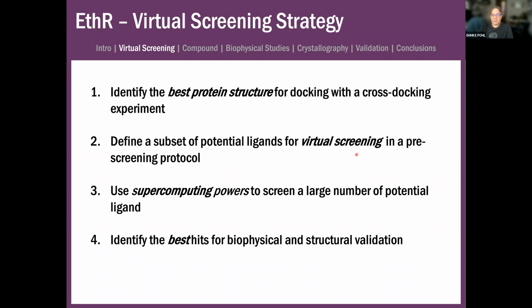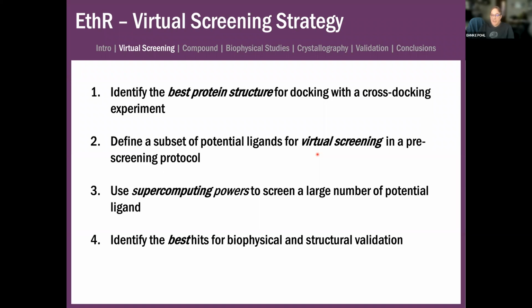The second thing that we needed to do was to define a subset of potential ligands for our virtual screening in a pre-screening protocol. Again, we have databases of millions and millions of compounds. If we can pre-screen those millions of compounds to a more manageable number, your individual docking can be more sophisticated.